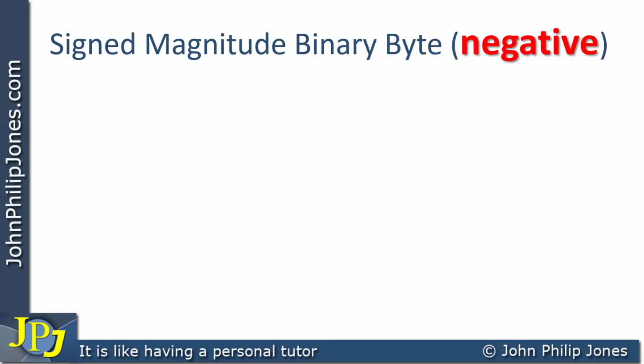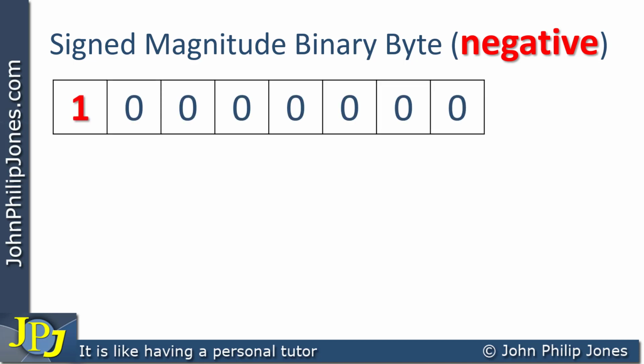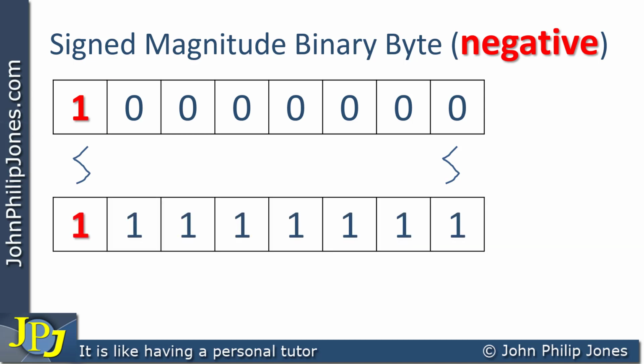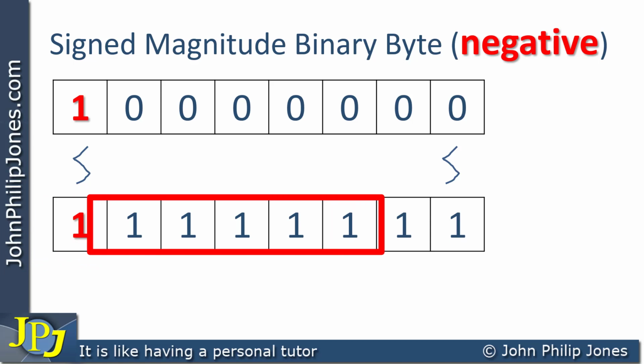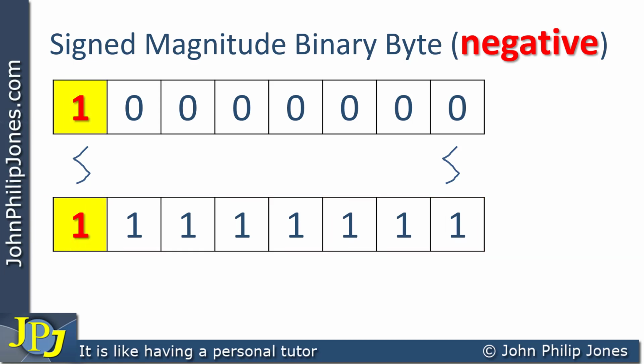If we carry on, we can look at signed magnitude binary bytes again, but on this occasion let's have a look at the negative range. Well, that's where I have this, and if you look here you can see we have the sign bit being a 1, meaning a negative, and we can carry on to this combination where you can see the sign bit is still a 1 and everything else is now a 1. So if you look at the shaded yellow area, you can see that represents the sign bit for negative values.